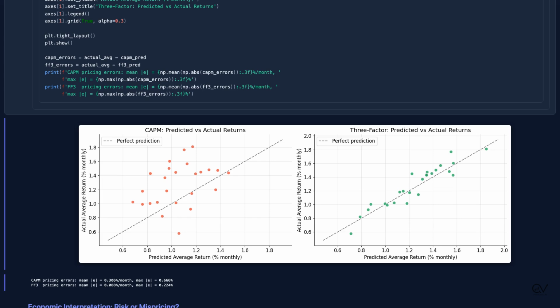Small value stocks have the highest predicted and actual returns. Big growth stocks have the lowest. The SMB and HML loadings provide the variation that market beta alone cannot. The improvement from CAPM to three-factor is visually striking and statistically overwhelming.